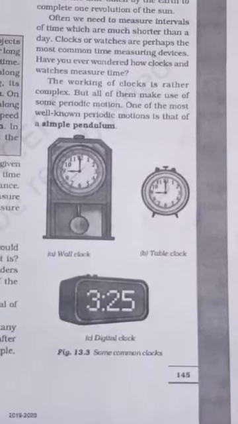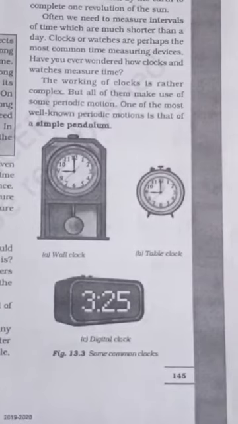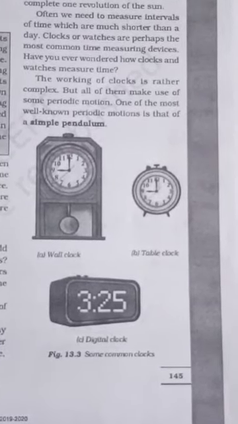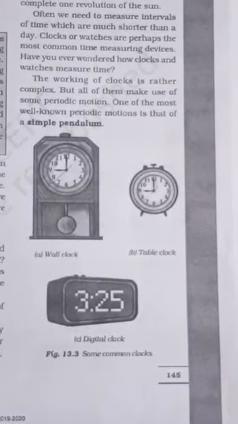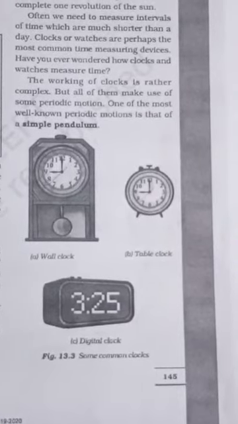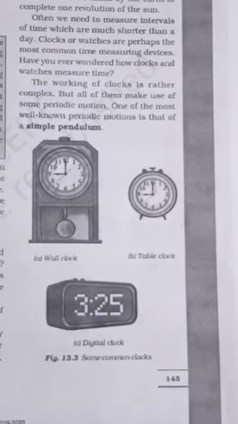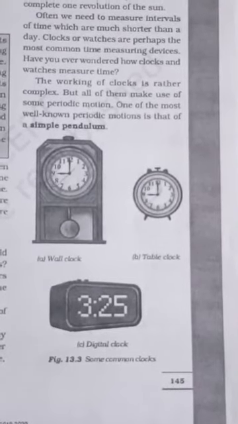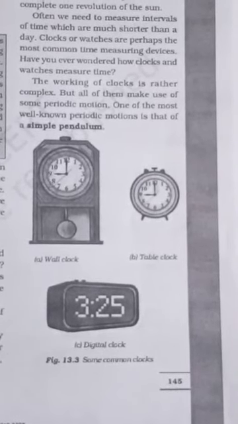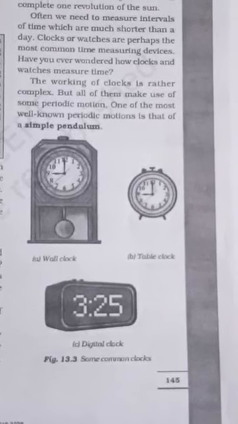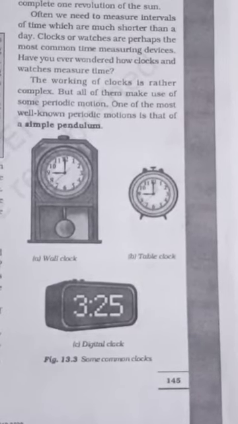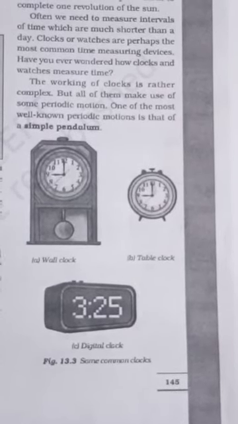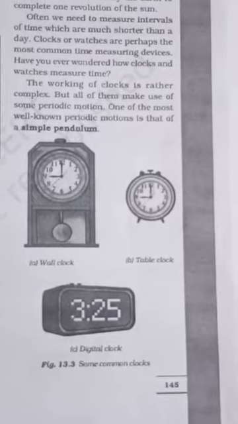In the same way, a month was measured from one new moon to the next. A year was fixed as the time taken by Earth to complete one revolution around the Sun.